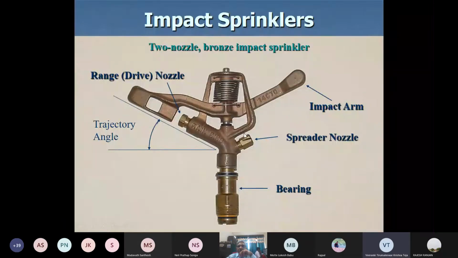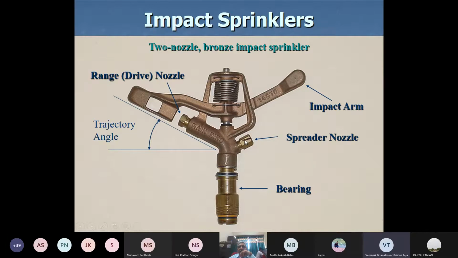Now coming to the sprinkler head. This is a typical sprinkler head, and on this sprinkler head you see there are two nozzles. One is a spreader nozzle, and the other is a range nozzle. The diameter of the range nozzle is larger as compared to the spreader nozzle.